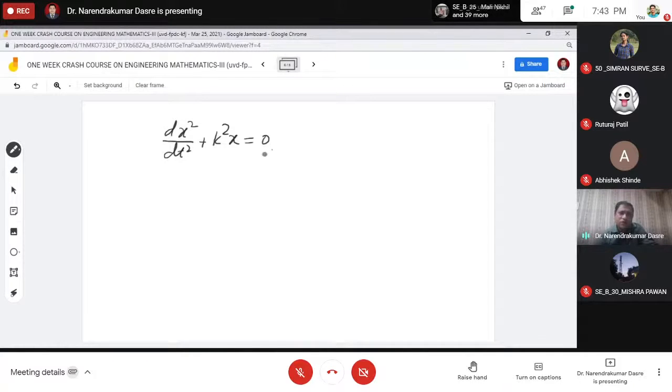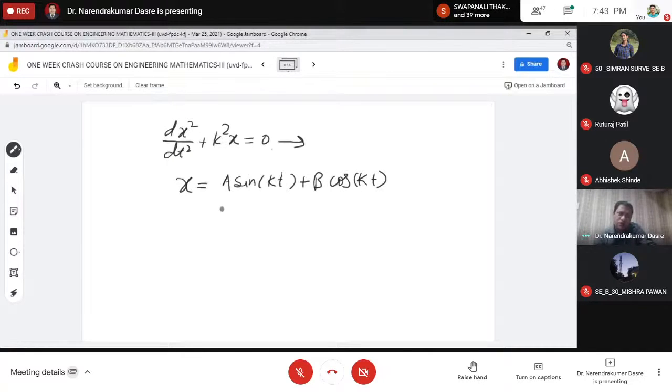If you solve this, the solution will be x is equal to a times sine of kt plus b times cos of kt. This is the general solution.